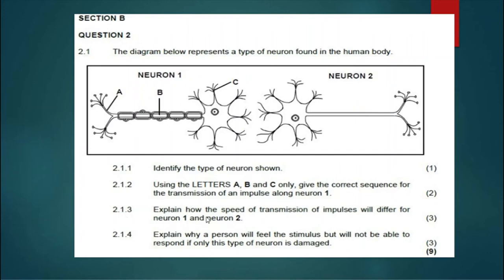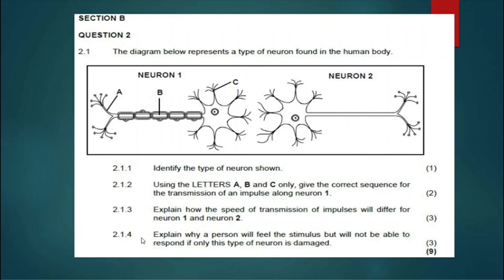Explain how the speed of transmission of impulses will differ for neuron 1 and neuron 2. Neuron 1 has a myelin sheath, which means that there will be faster transmission of impulses, and the second neuron does not have a myelin sheath, which means there will be a slow transmission of impulses.